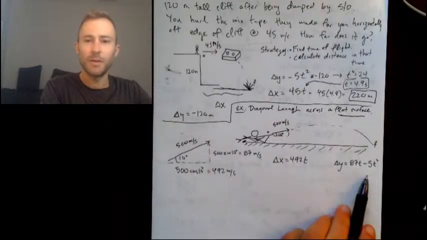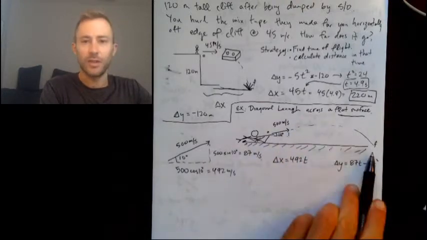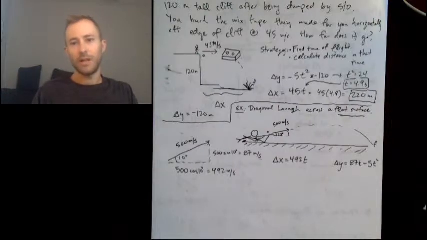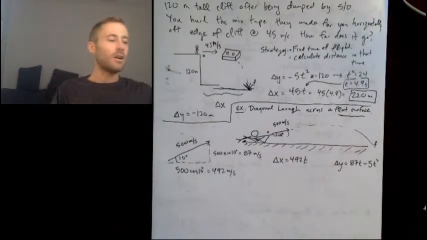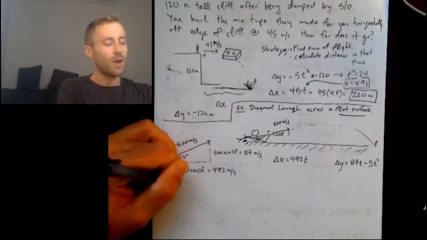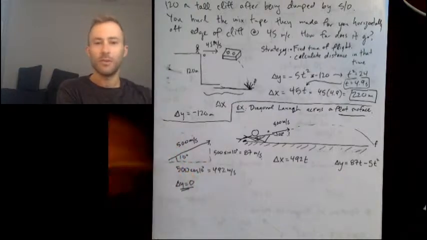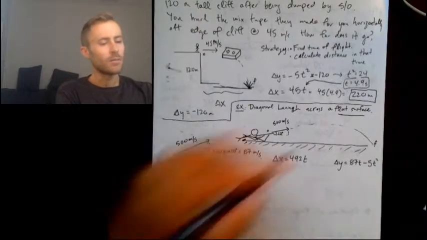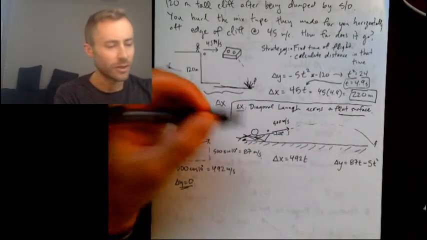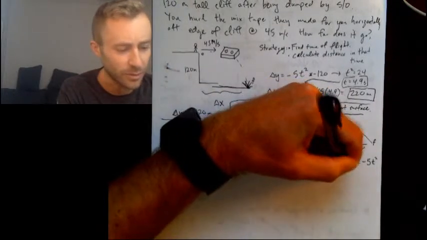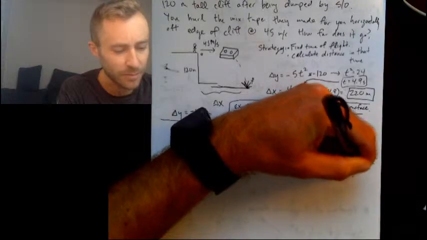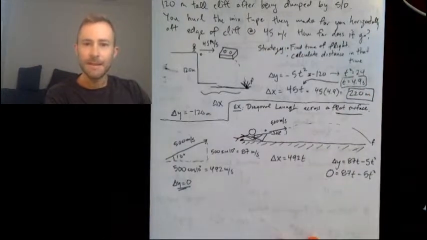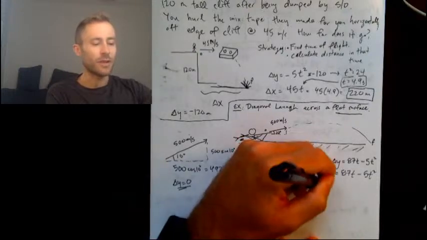But in this problem, it goes up and it goes down to the same elevation. So it's a lot like the chicken wing problem in that sense. So I have that delta y equals 0 for this problem, because it's going across a flat surface. So I can set 0 equals 87t minus 5t squared. Add 5t squared to both sides.